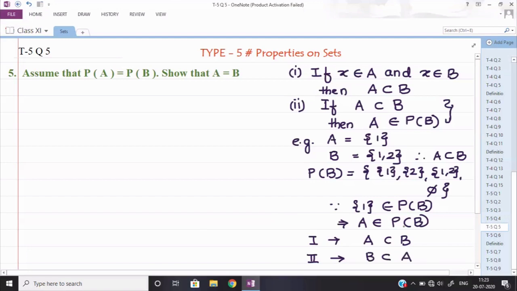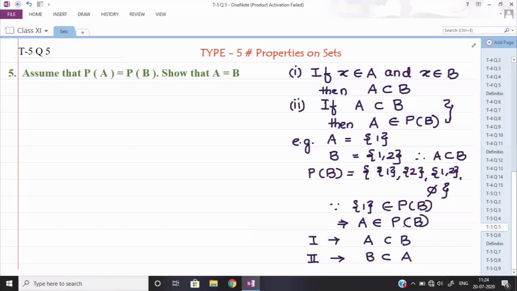When A is a subset of B and B is a subset of A, both are true, then we'll say that A is equal to B. Because if A is a subset of B, then all the elements of A lie in B, and if B is a subset of A, then all the elements of B lie in A. These two things hold simultaneously only when they are equal to each other.